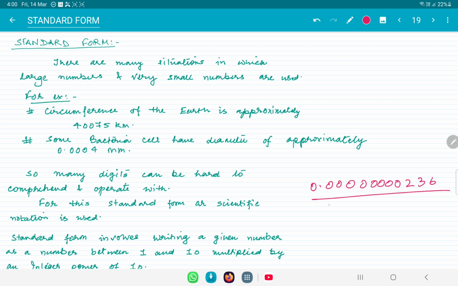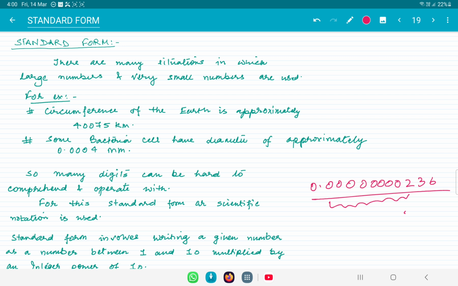Instead of writing all these zeros, we can remove them and write in another form, so that it is easy for us. This is known as the standard form.